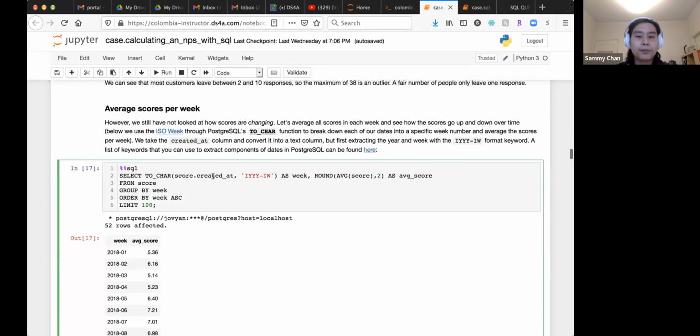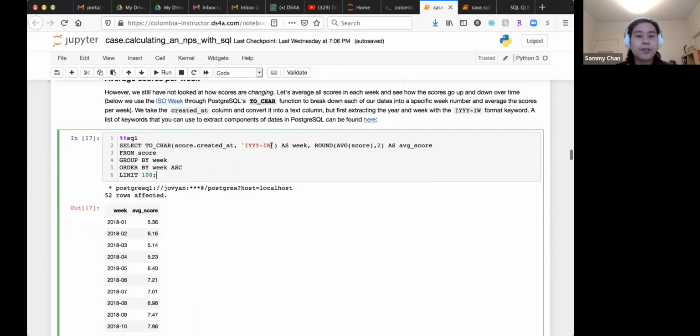So here, this is the syntax: toChar, score created at, the field that we want. And this is the specific format, so this is the year and the week. And then we calculate the average of the score, group by the week, and order by the week.